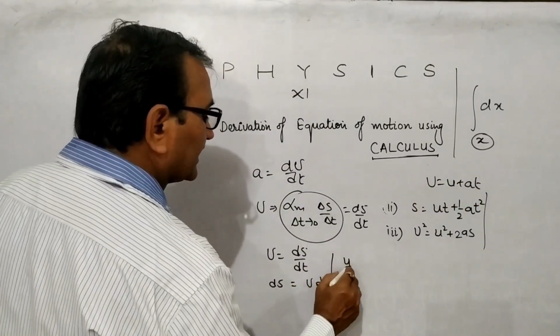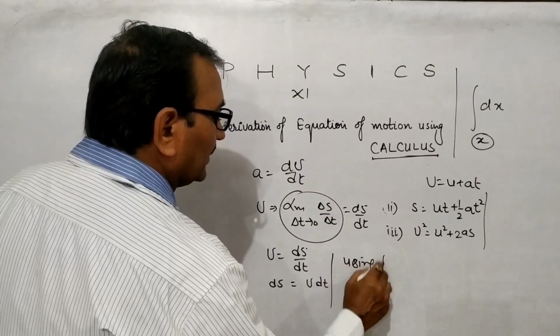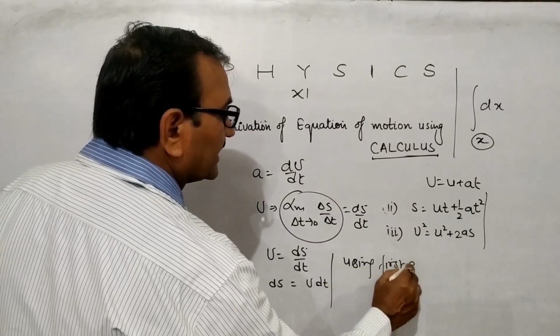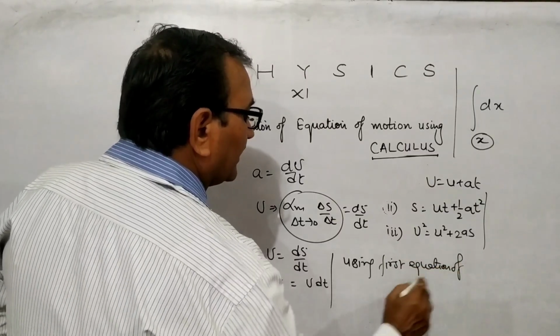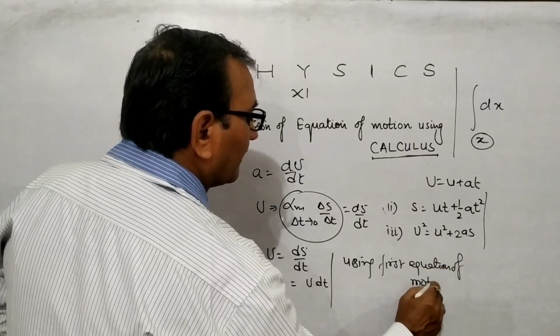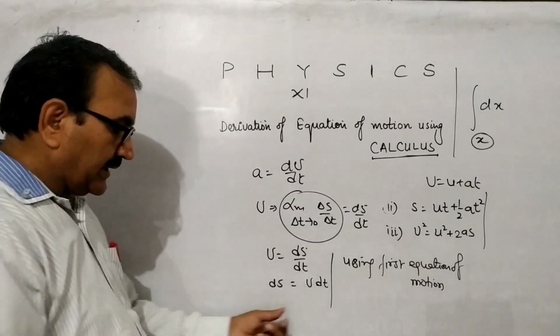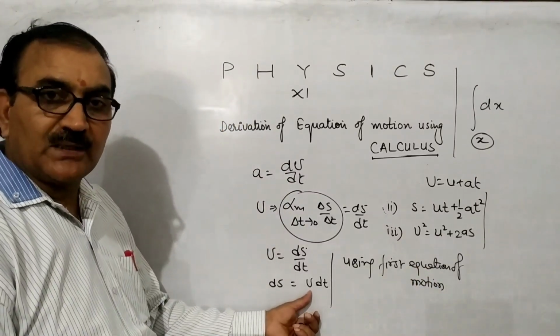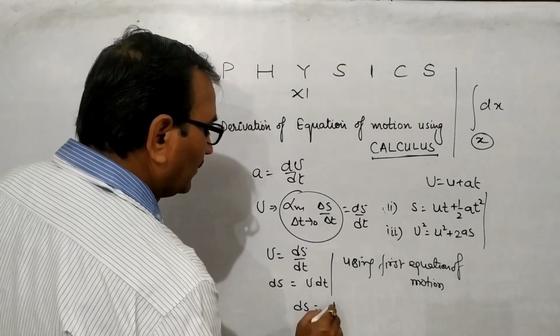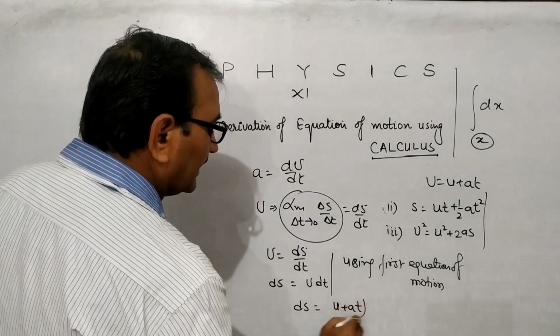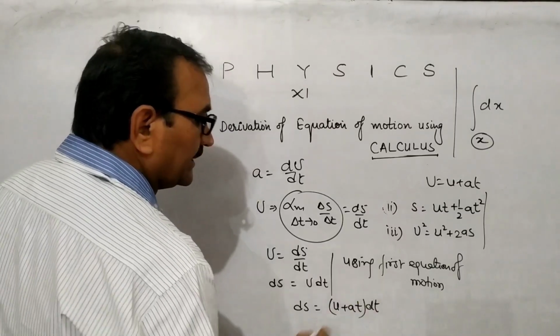So here, using the first equation of motion, you can use in place of v, that is u plus at. So this is ds is equal to u plus at, and here dt.